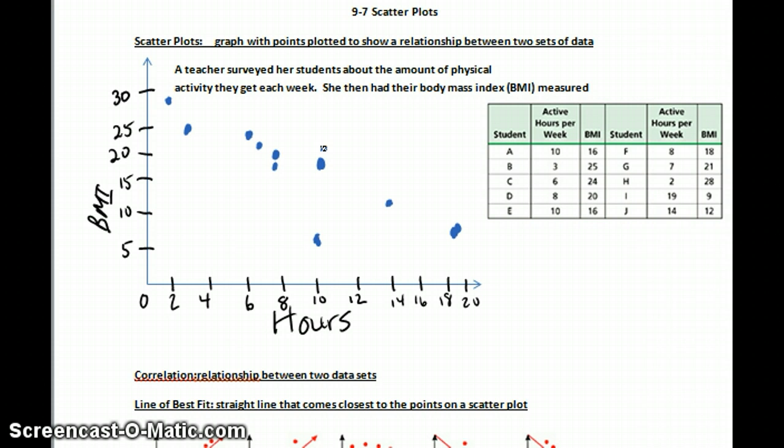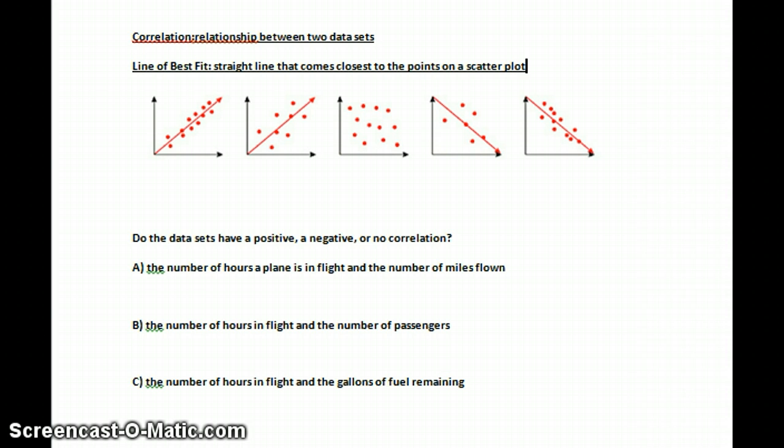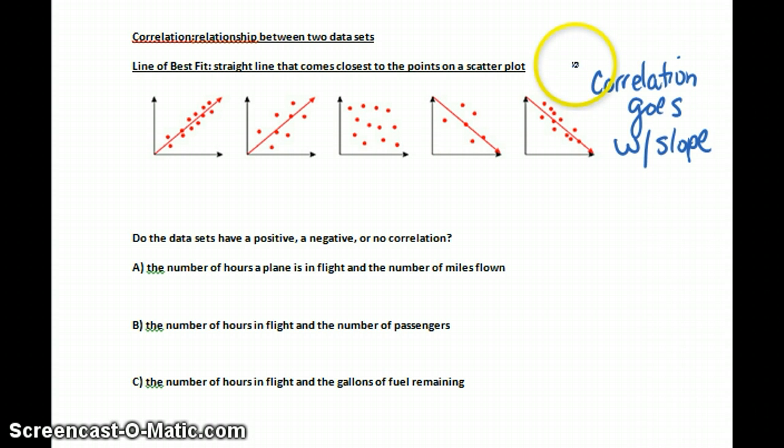If you notice, for the most part, as we get more hours, our body mass index decreases. If this type of trend occurs, we call this a negative trend or a negative correlation. One thing to keep in mind is that correlation goes with the slope of the best fit line.